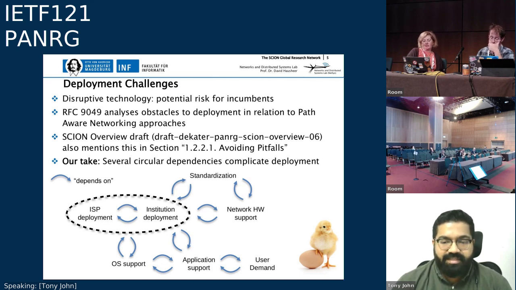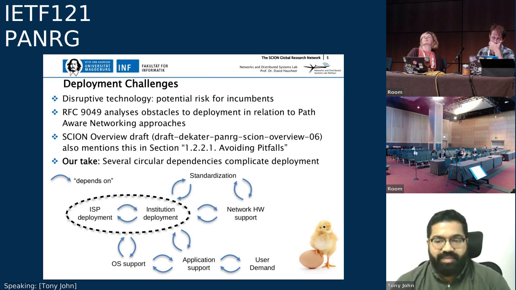Institutions may hesitate to deploy SCION without widespread adoption, while broad adoption relies on broader support from applications. We see this issue reflected across various dependencies, from hardware and OS support to ISPs and application adoption.